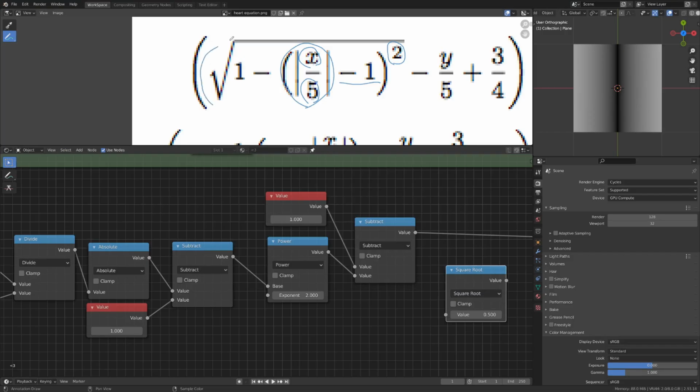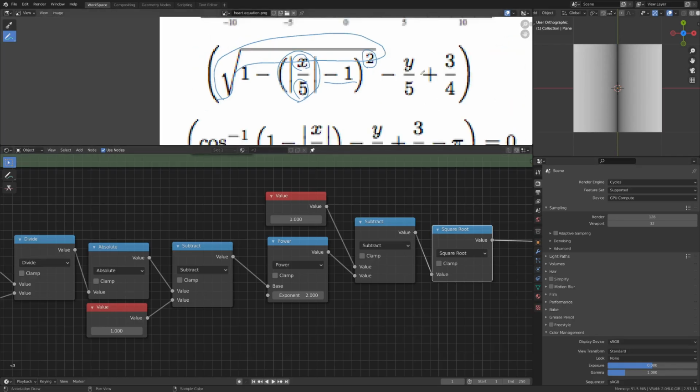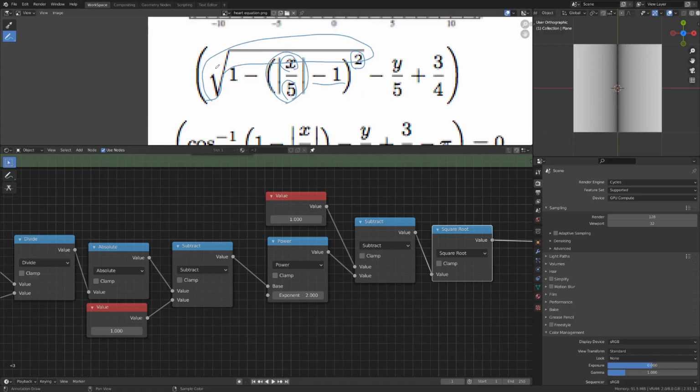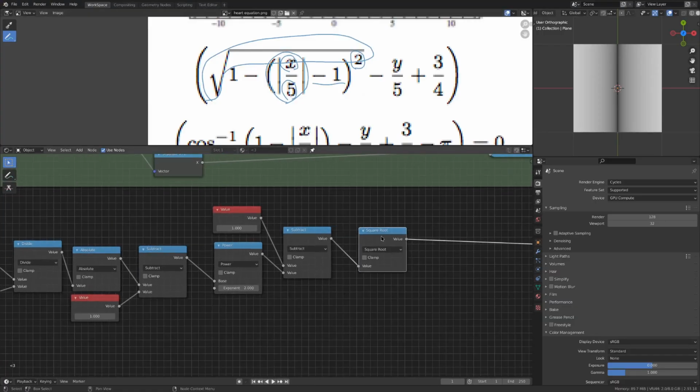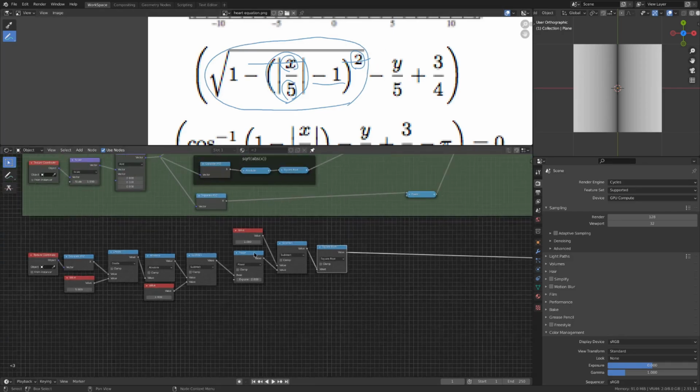Square root, because this thing here, this is square root of that, and we'll get this thin something. Pretty good. And once we are done with this thing here, let's erase it a little bit. Okay, so we made this thing, and subtract with y over 5.